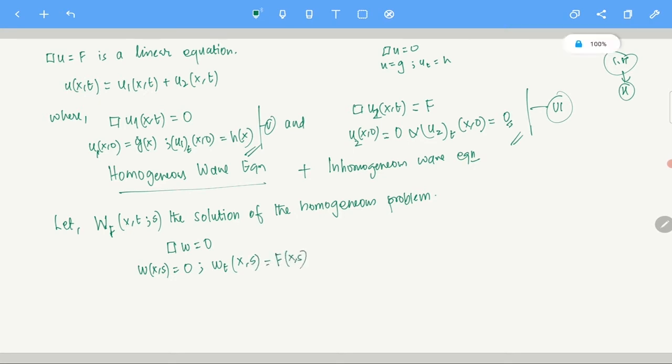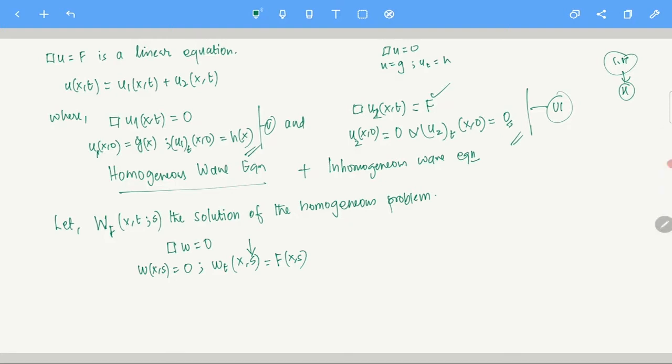Basically the source term capital F is getting converted to the boundary data. So at every level t equals s, this is given by capital F.